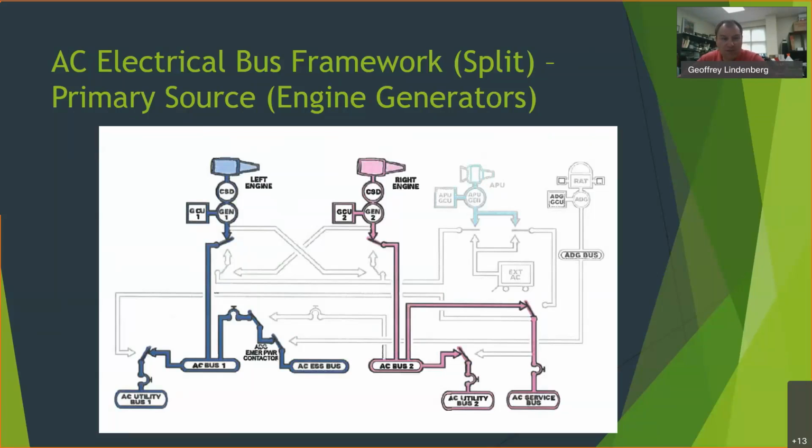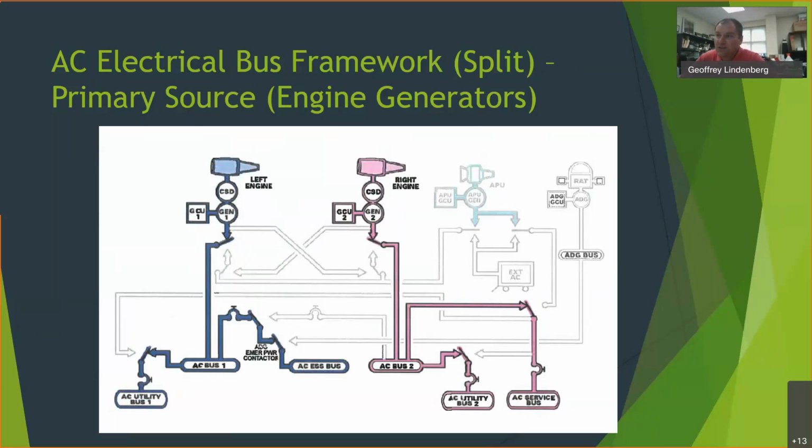If we have multiple engines running that can supply electricity along with bleed air and run hydraulics and other stuff, it doesn't make sense to run the APU constantly. It puts wear and tear on the APU and burns additional fuel. So our primary source tends to be the engine-driven generators, and this is what the aircraft is going to want to run on the majority of the time.